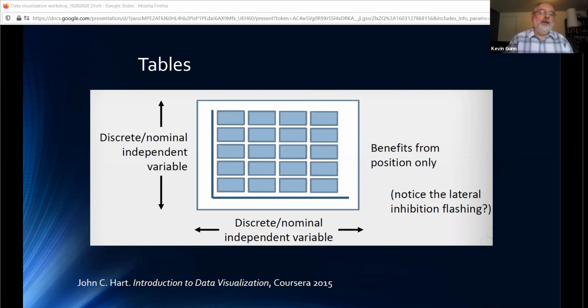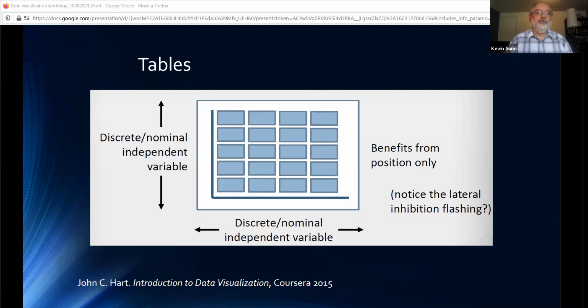As an aside, when you're talking about data visualization, going back to human perception, do you notice the dots between the lines here? There's what's called lateral inhibition flashing. If you look at this long enough, you're going to see those dots between there. And that's something you have to consider.